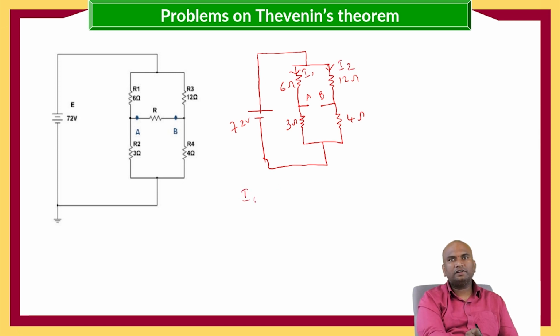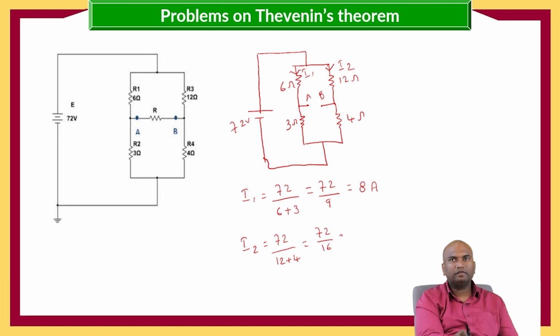So I1 is equal to 72 by 6 plus 3, which is equal to 72 by 9, so 8 amperes. In the same way, I2 is equal to 72 by 12 plus 4, 72 by 16, which is equal to 4 amperes.